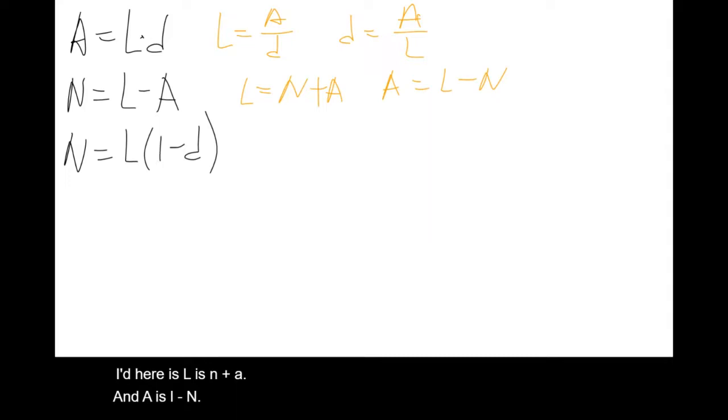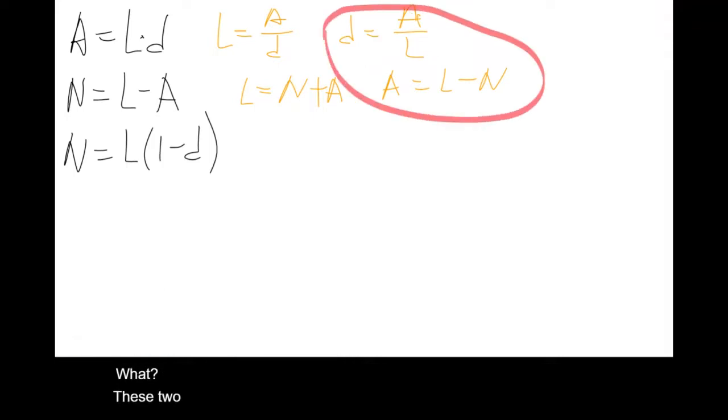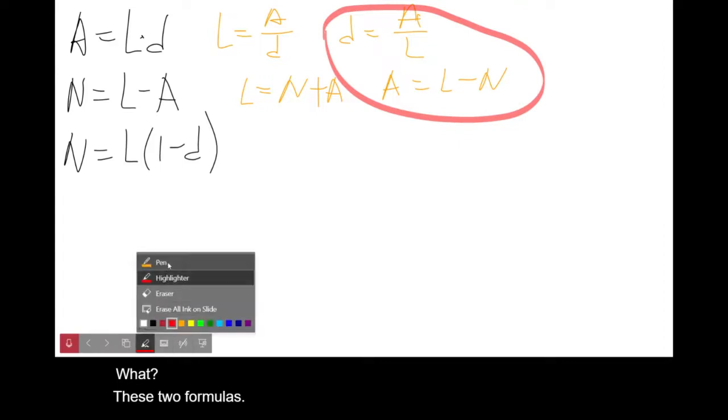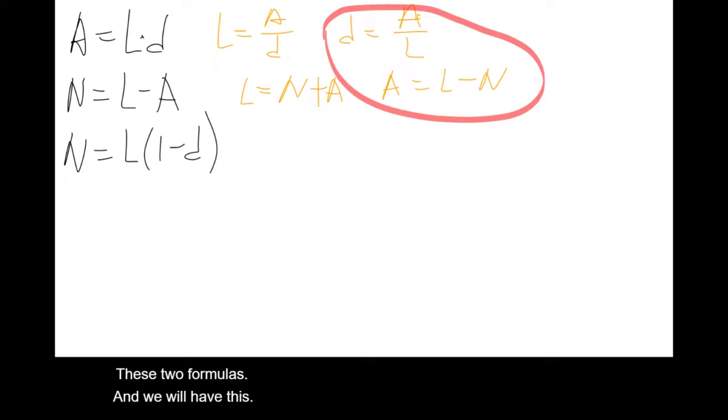Okay, so now what can we do? We can combine these two formulas, and we will have this: D equals L minus N over L. Sometimes it is useful to have it.